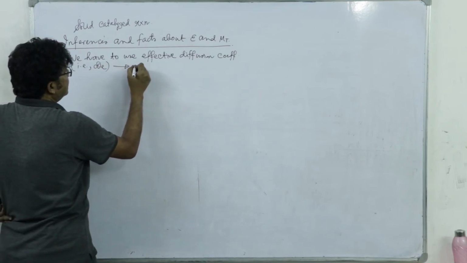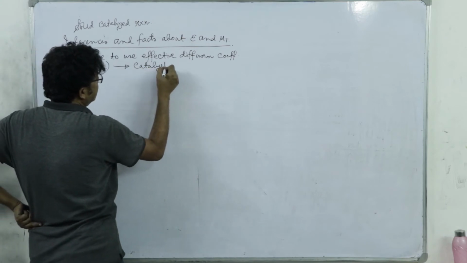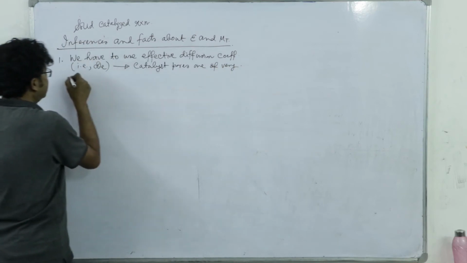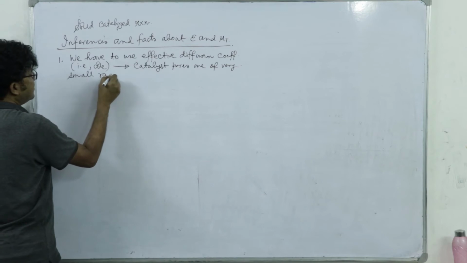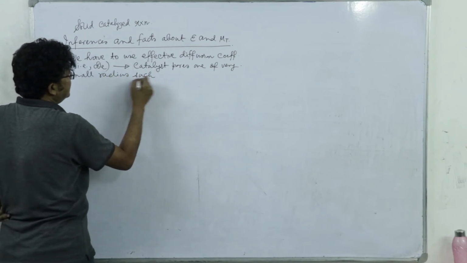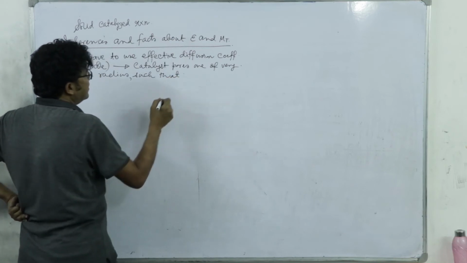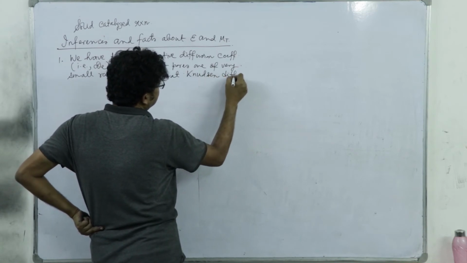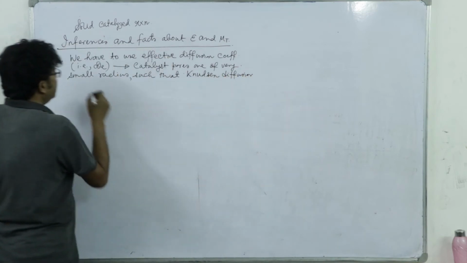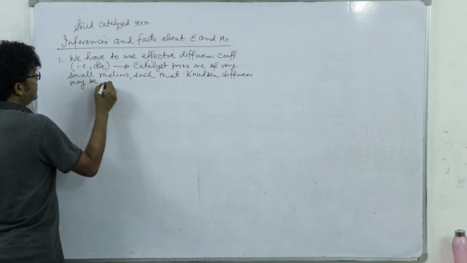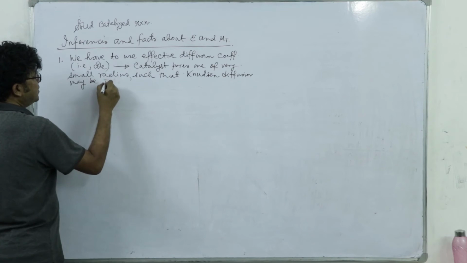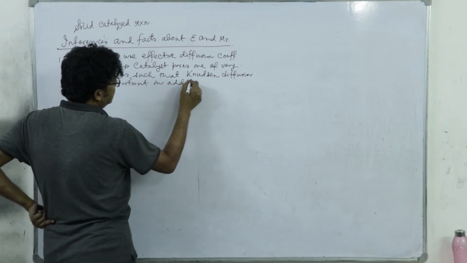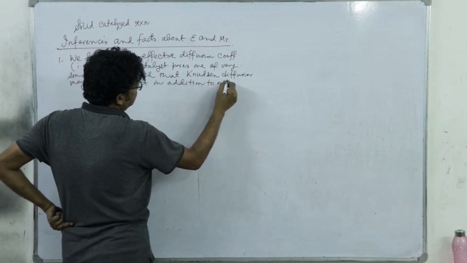Because the catalyst pores are of very small radius such that Knudsen diffusion may be dominant or may be important in addition to molecular diffusion.